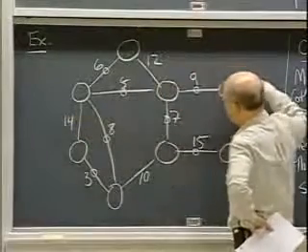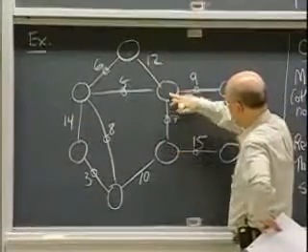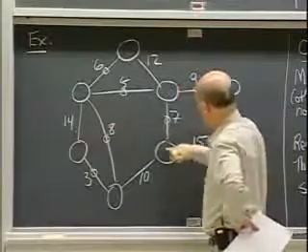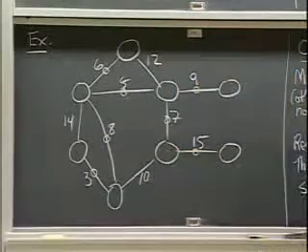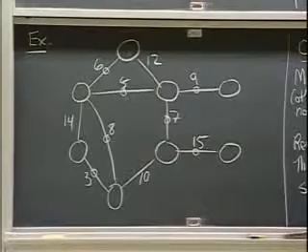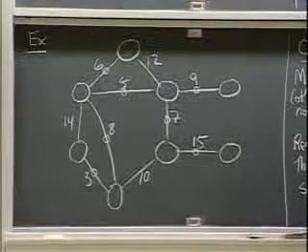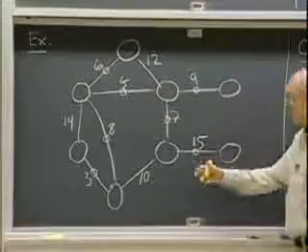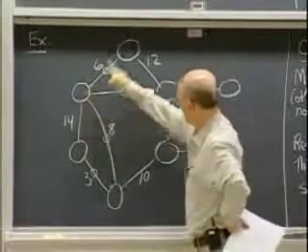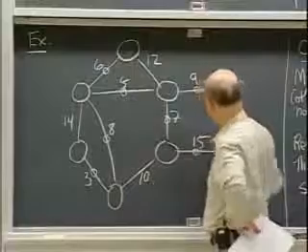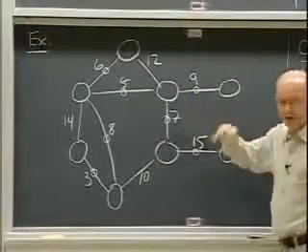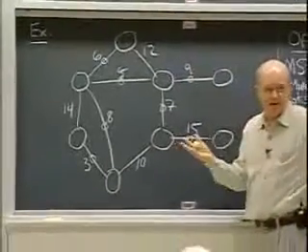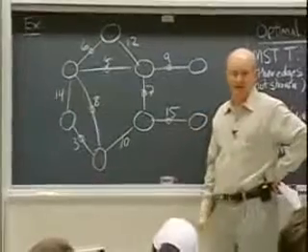The edges going down are 7, 8, and 14. 7 is the least weight. It's in the minimum spanning tree. So no matter how I choose, this one in, this one out, this one in, this one out, take a look at what all the edges are. Whichever one's the least weight, it's in the minimum spanning tree.